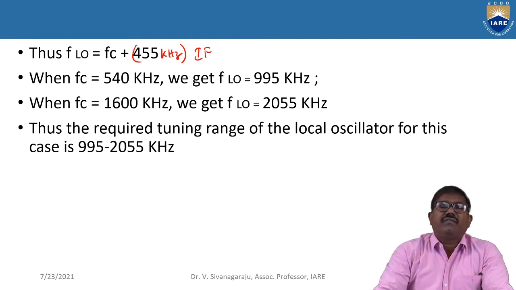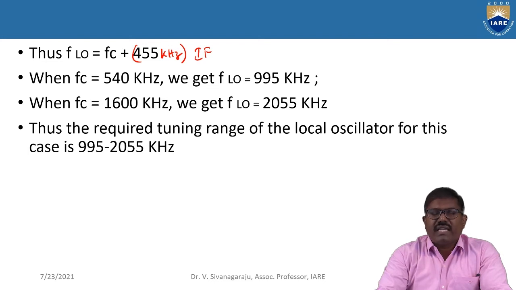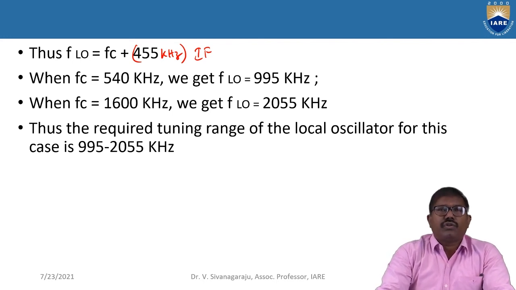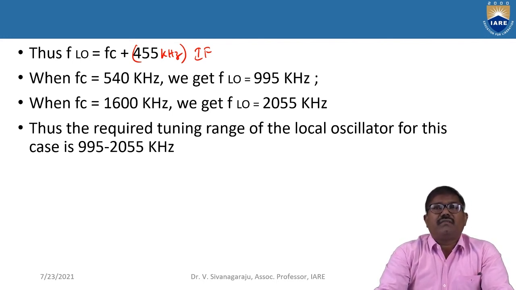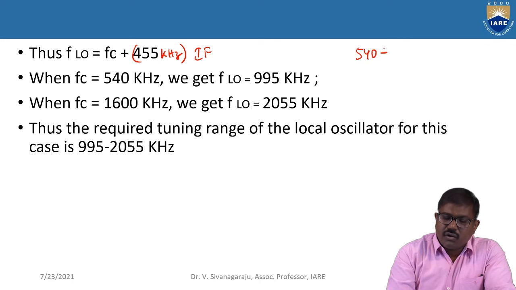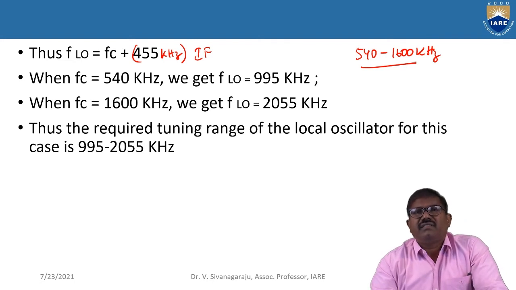So the local oscillator frequency is equal to Fs plus IF, that is signal frequency plus intermediate frequency, which produces the local oscillator frequency. Here the given signal frequency ranges from 540 kHz to 1600 kHz. So this is the signal frequency range. So here we take two cases.